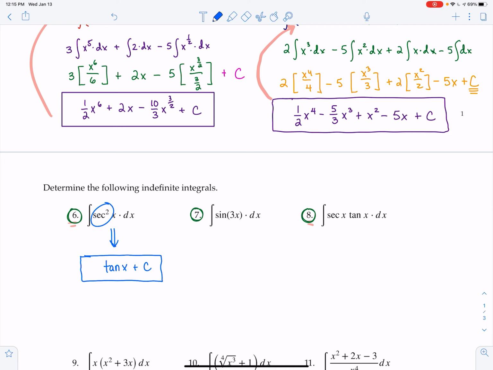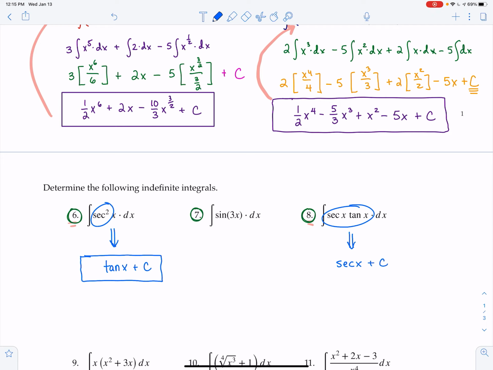And then we always tack on the plus c, because that could be tangent of x plus 5, or tangent of x minus pi. We don't know what that constant is. Similarly, for number 8, there is a derivative out there where I get the secant of x times the tangent of x, and that was the secant of x plus c.